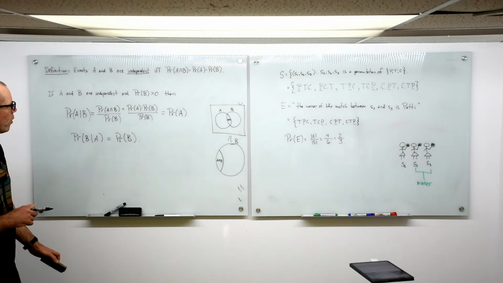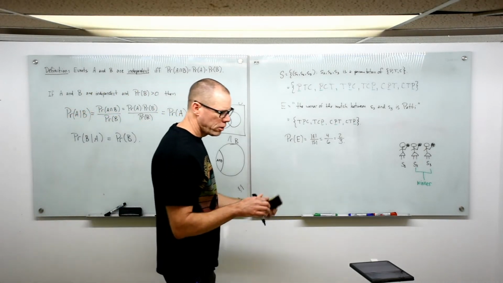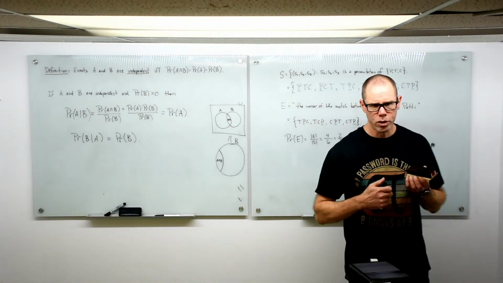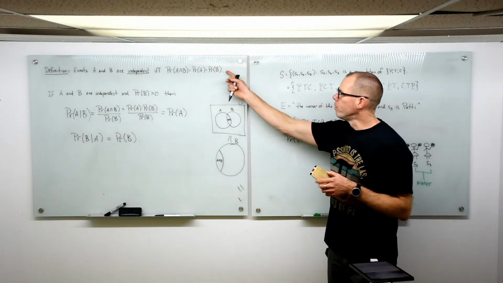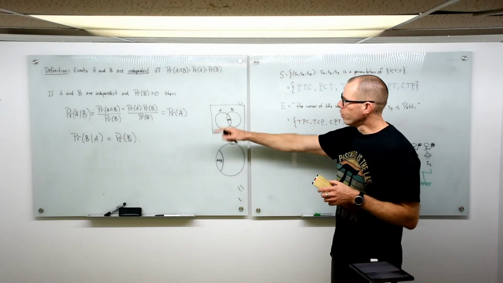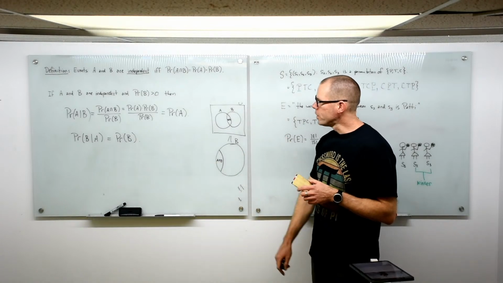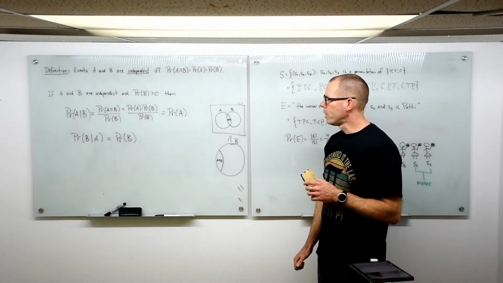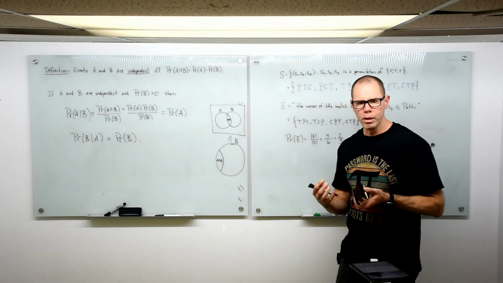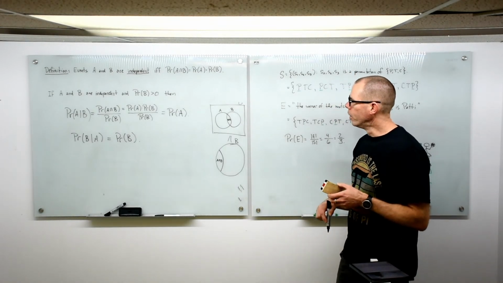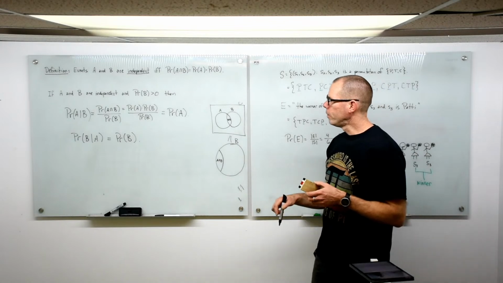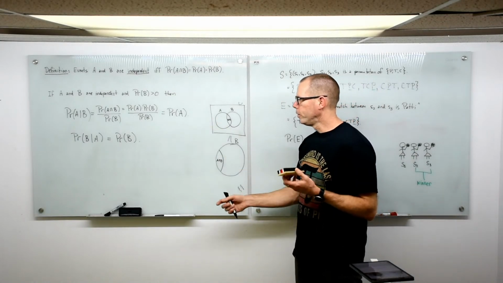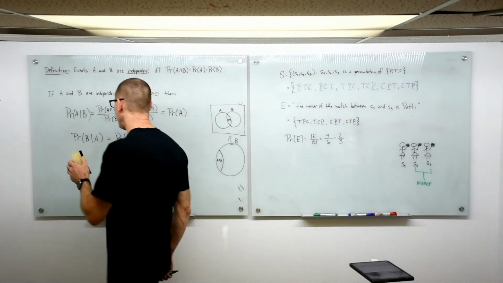Okay, so independence between two events is a symmetric relationship. That's clear from this definition, less clear from this consequence. But as long as A and B both have probability bigger than 0, then you get this. Okay.